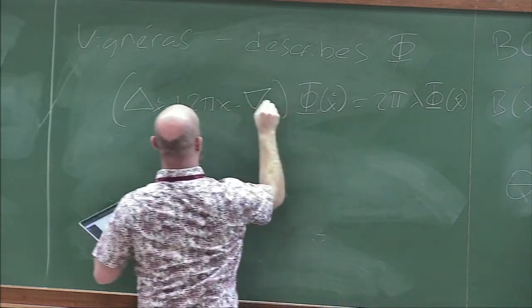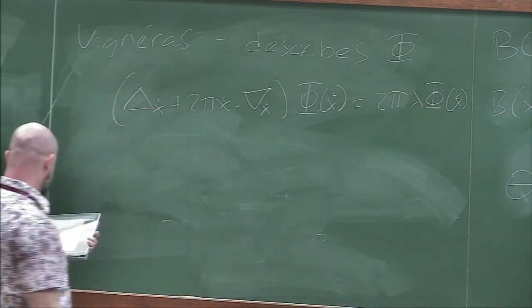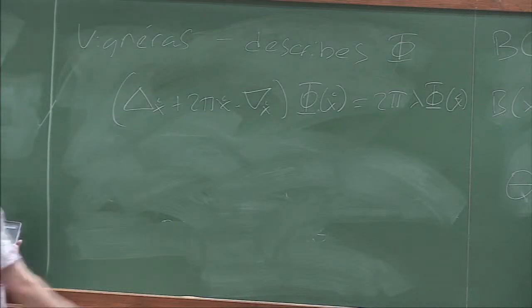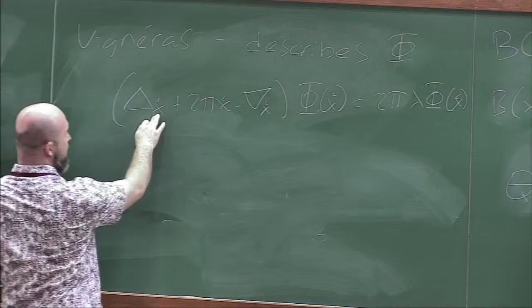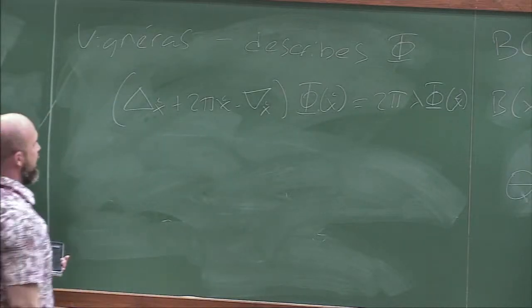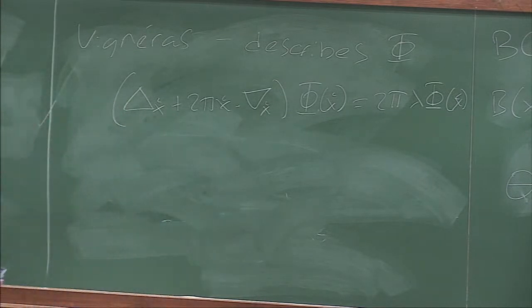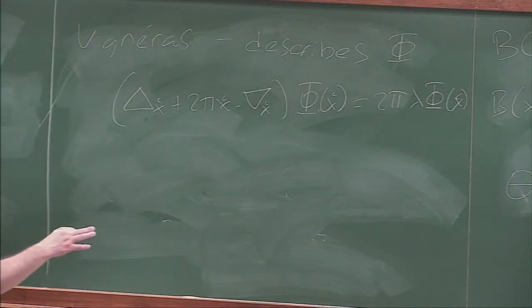And these should all be vectors. Here, this is a Laplacian for our variables inside of x, and then of course the gradient. So Vignéras says that we need our function phi to have this property in order for things to go nicely with the Fourier transform.